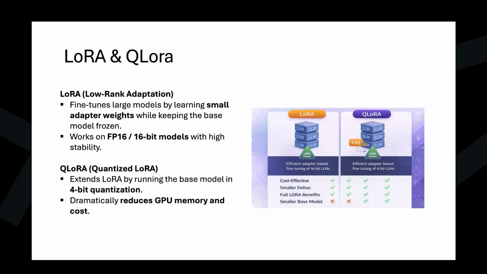You can have 4-bit, or it reduces the floating point size of the embedding values, so it kind of keeps it within memory. Having said that, the industry standard is to use LoRA for fine-tuning.